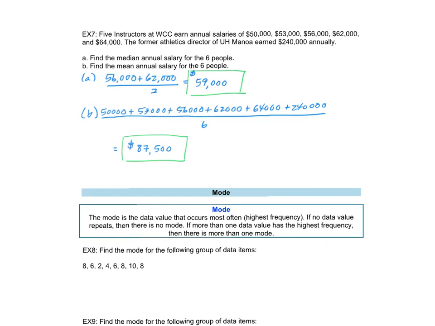But when you look at these people, most of the people in this particular example are actually not going to make that amount, right? The average salary would be more representative by looking at what we found in A with the median annual salary.